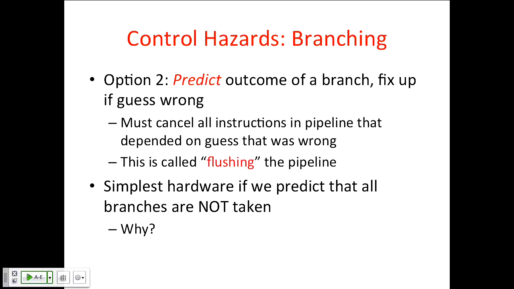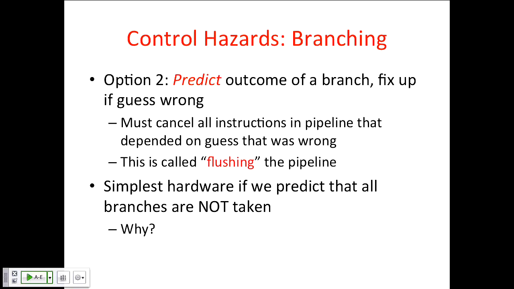So the simple thing you can do is just keep fetching PC plus 4. When the branch resolves, if the branch was not taken, you've done the right thing. There's nothing you need to do at that point. Just keep going. It's only if the branch was actually taken that you have to kill the instructions you fetched sequentially after the branch. That's the only case you have to repair.